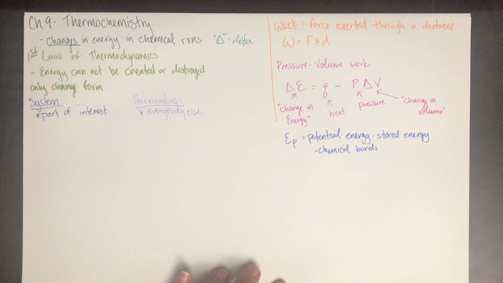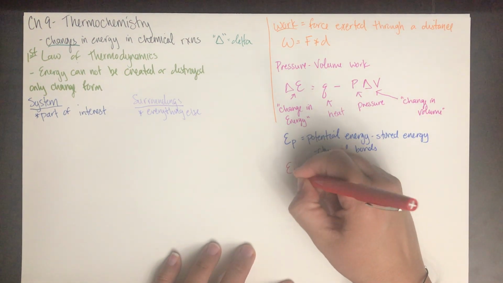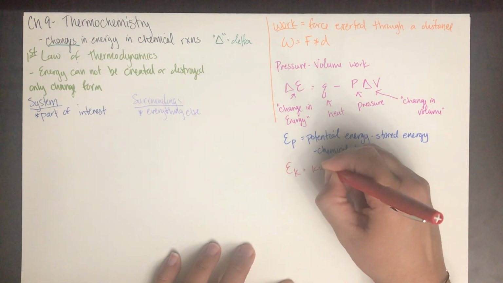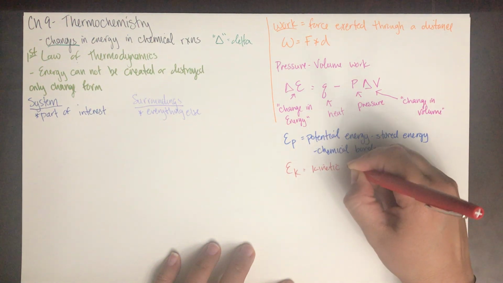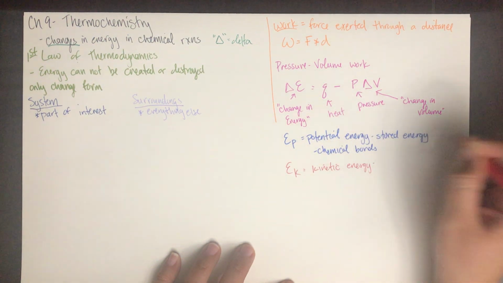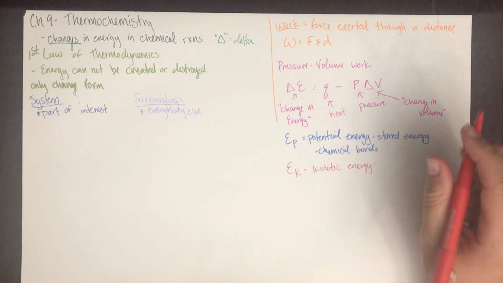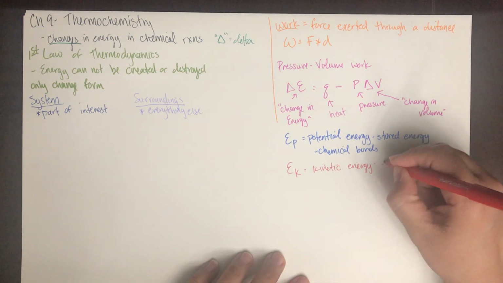Another type of energy is called kinetic energy. Kinetic energy is abbreviated E sub K. And kinetic energy is the energy of motion.